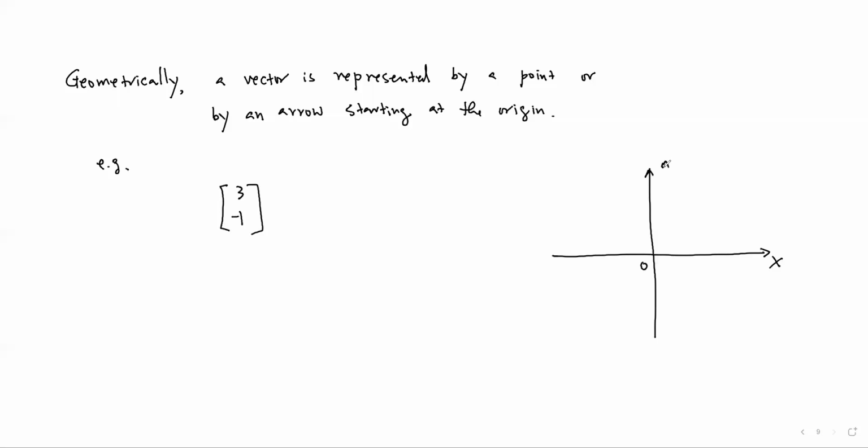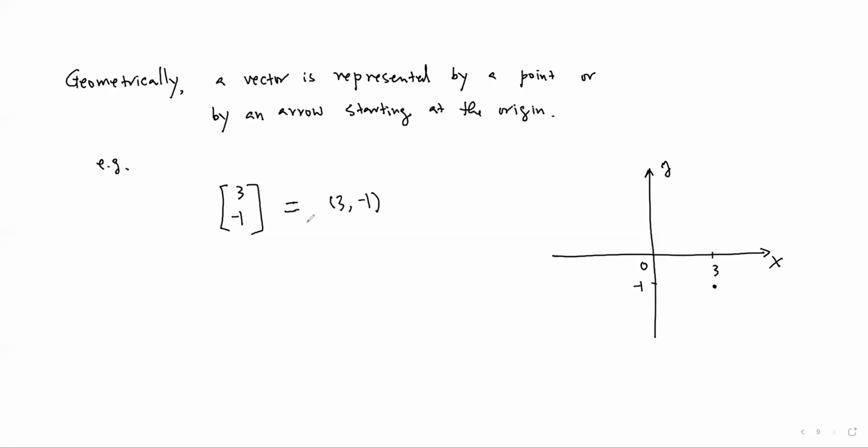This vector, we usually use a point to represent it. Which point? This point, 3 negative 1. 3 here, negative 1 here. This point is this vector. They are the same. We consider a vector and a point the same.